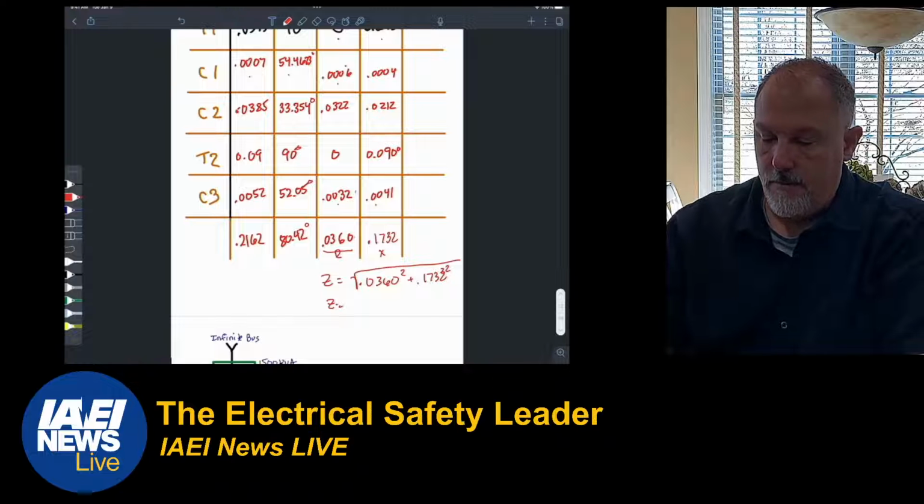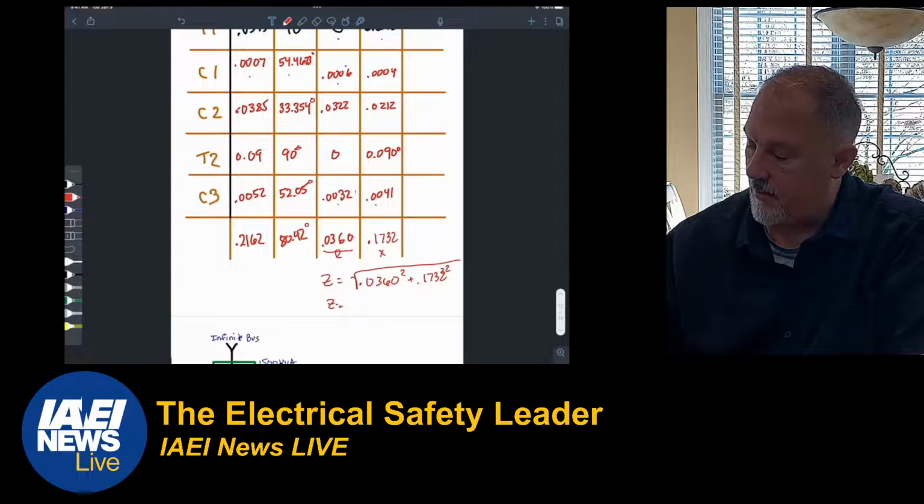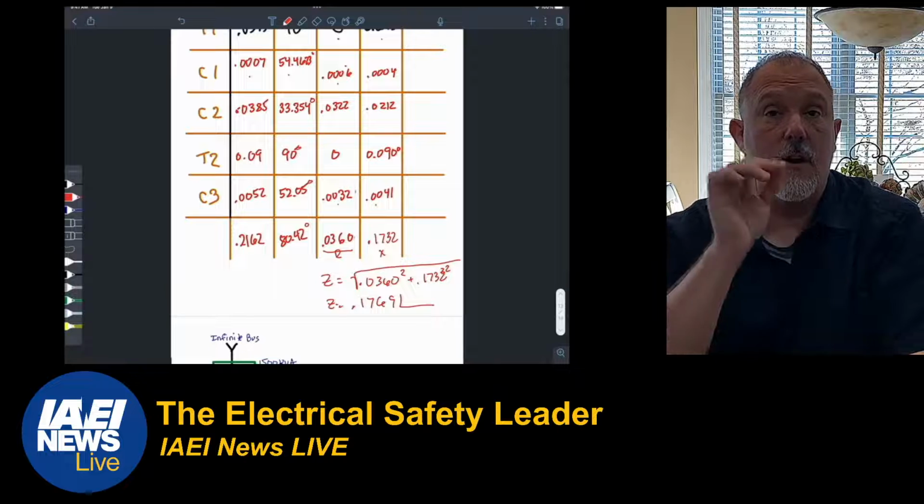I'm going to square that one. 0.036 squared plus 0.1732 squared, square root, 0.1769, at an angle of X over R inverse tangent.